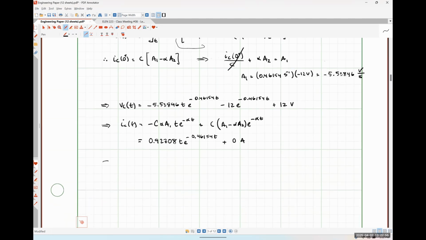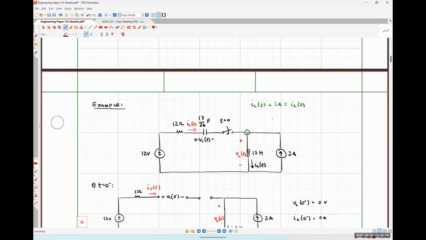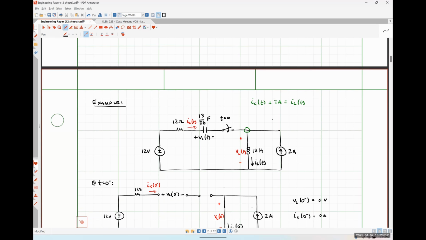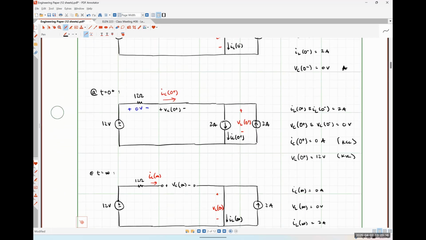And from here, IL is just IC plus 2 amps from that KCL equation at the very beginning of the problem. We scroll up here, assuming I haven't managed to screw that part up. It's literally just going to be that expression I got plus a constant 2 amps.